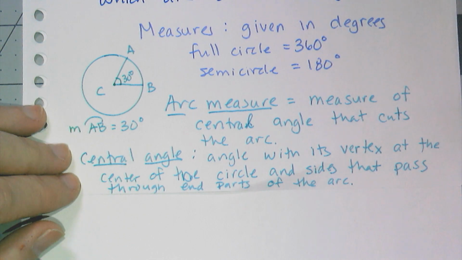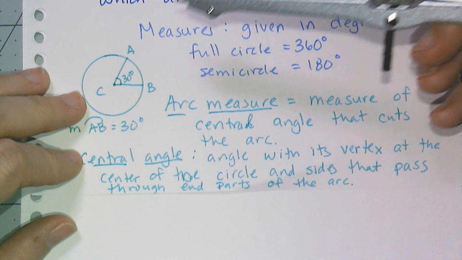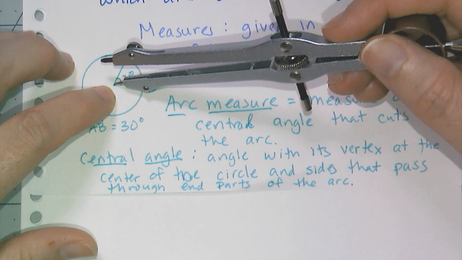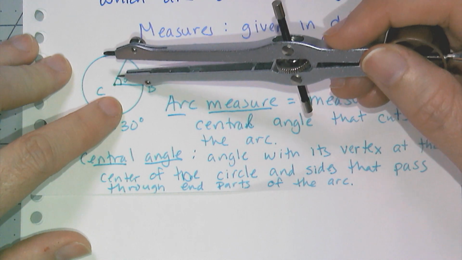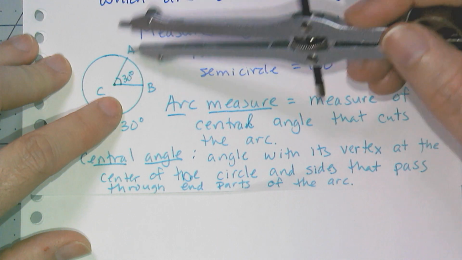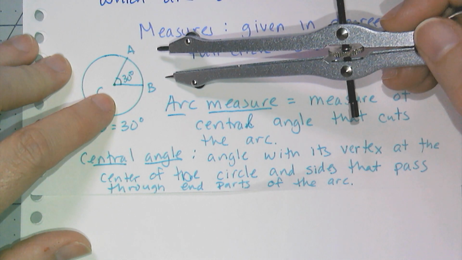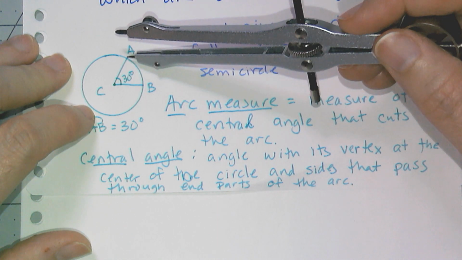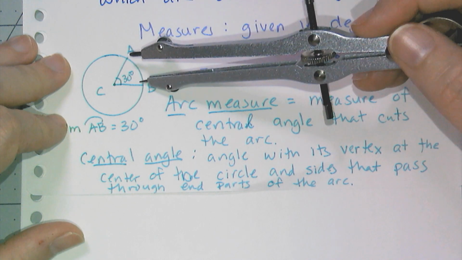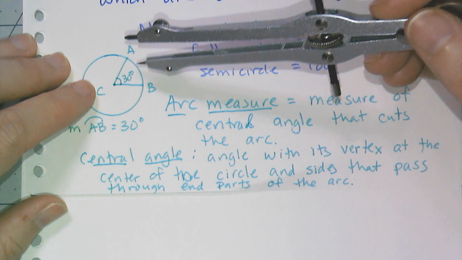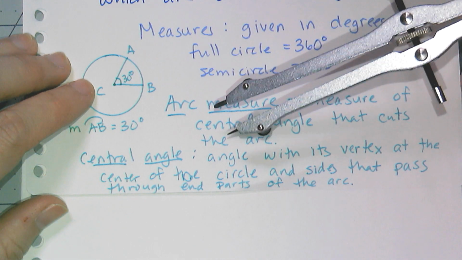A central angle is any angle with a vertex at the center of the circle, and the sides of the angle pass through points on the circle. Okay, so this ACB is a central angle. And this is how we define the measure of an arc.